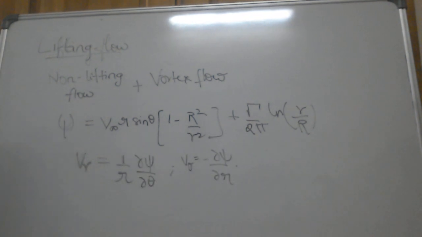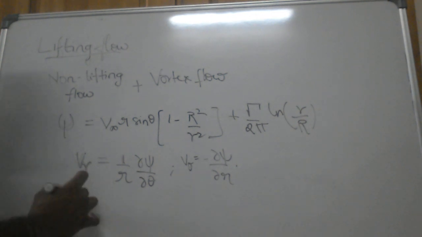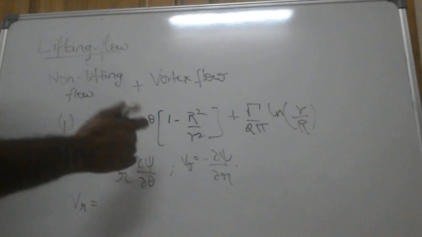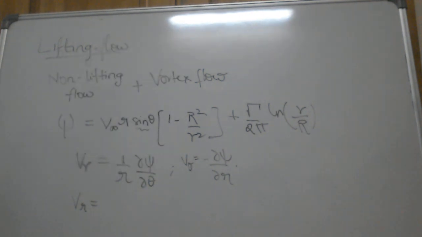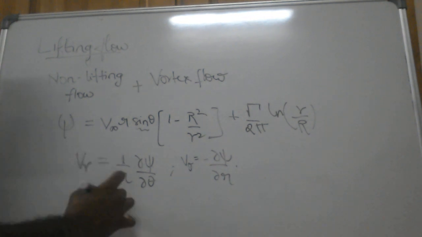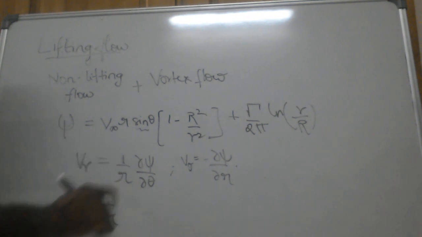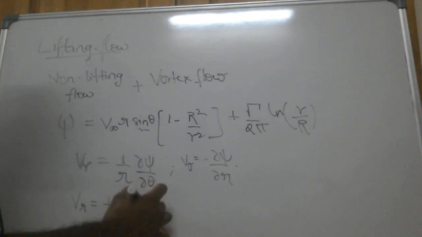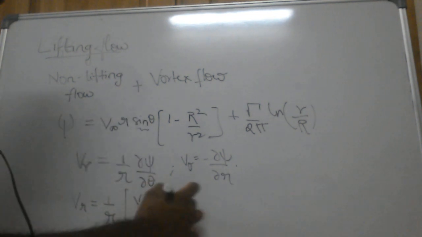Now let's perform the differentiation. So let's take Vr first. If you look at this expression, there's a theta only here, which is sine theta. So everything else remains constant. Therefore, this expression becomes Vr equals 1 by r into dou psi by dou theta, which would be V infinity r cos theta.